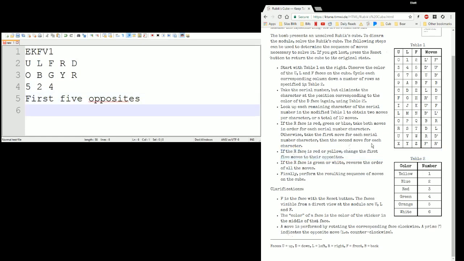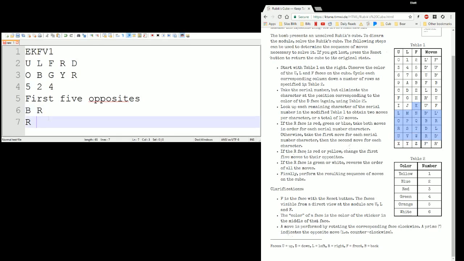So let's look some stuff up. First character is an E. E is here, under my F column. F column was a 4, so 1, 2, 3, 4. BR. Notice I'm putting them on separate lines. Second character is a K. F column, 4 rows. 1, 2, 3, 4.